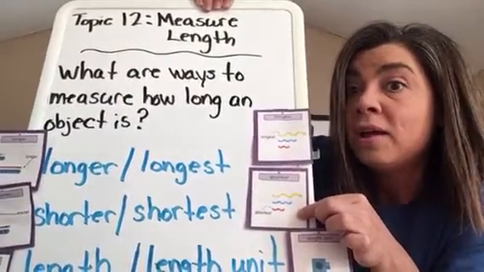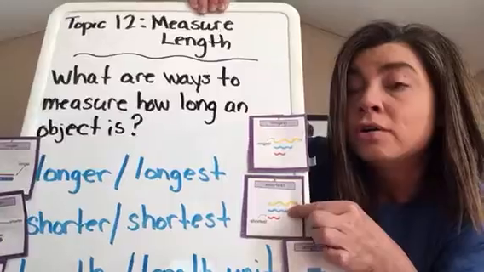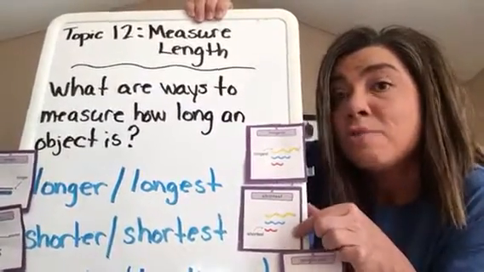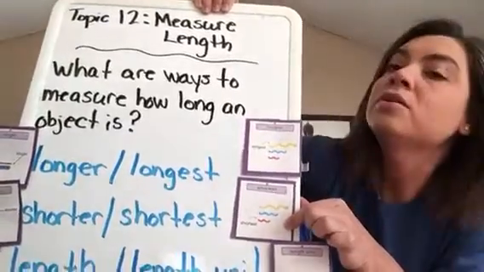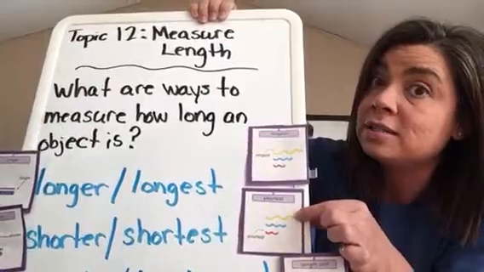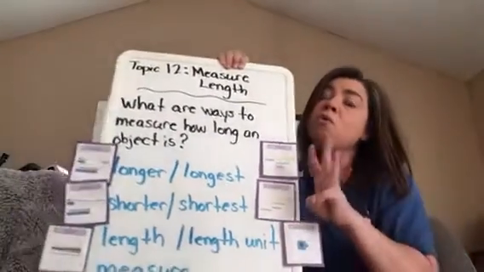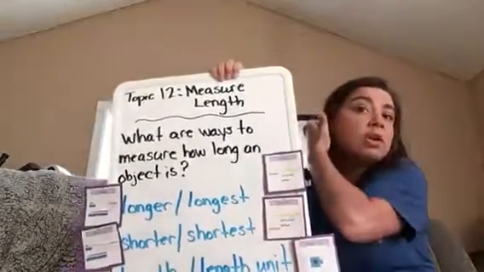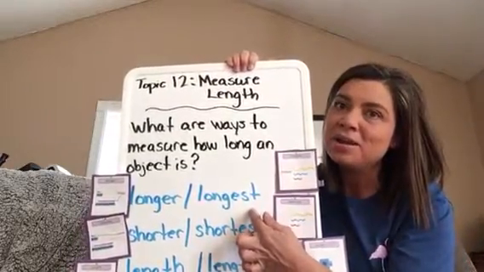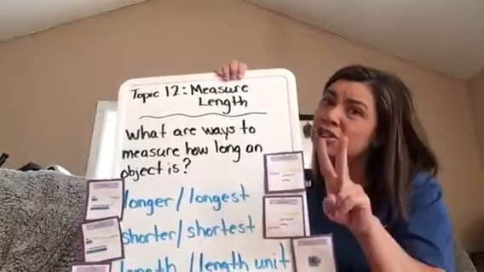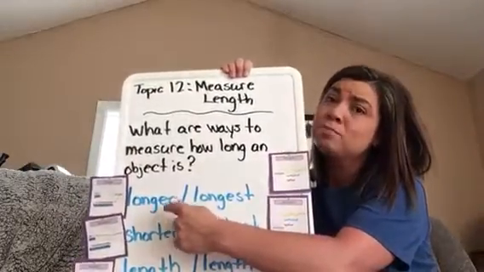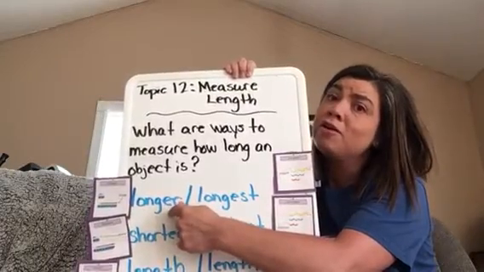So we have short, shorter, shortest. Shortest means it's the shortest of them all. When you're comparing 3 or more objects, you use the EST, for the most. When you're comparing just 2 things, it's the ER, for more, so it has more length if it's longer.